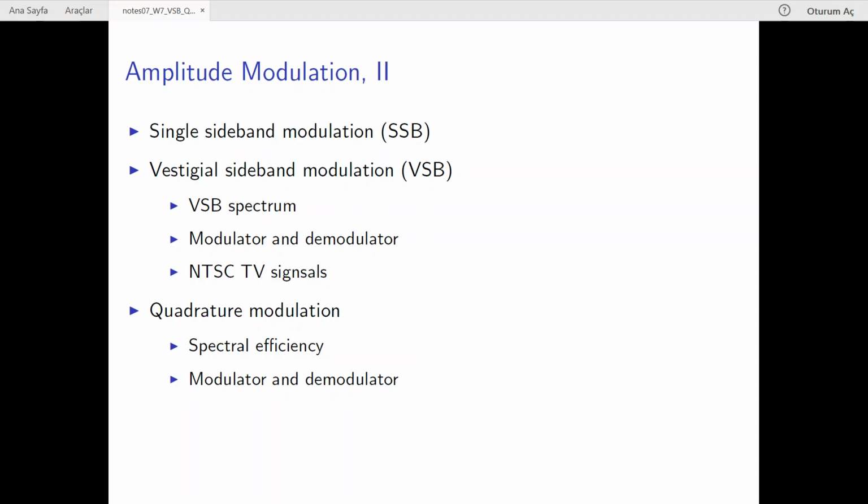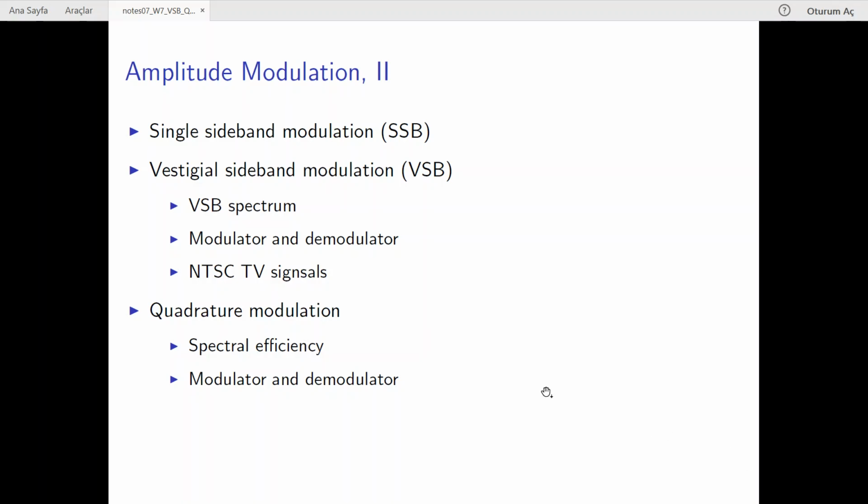Isn't it useful to use it in all the cases? Why do we need to shift to this kind of modulation? What are the key differences from single sideband? And to which kind of applications are they applicable?